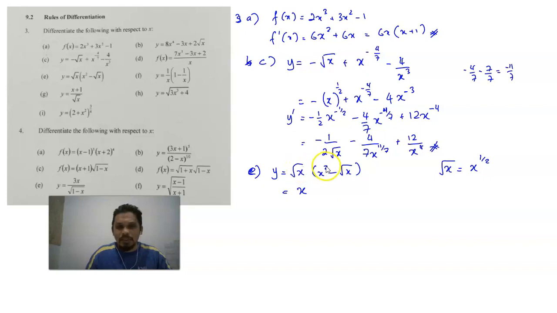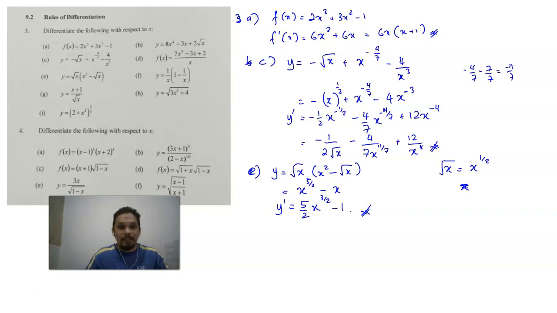Just imagine that 2 here is 4 over 2. 4 over 2 plus 1 over 2, 5 over 2. Then minus x to the power of half, square root of x times square root of x, half plus half equal to x to the power of 1. Then y prime equal to 5 over 2, x to the power of 5 over 2 minus 1, then minus 1, power of 3 over 2.